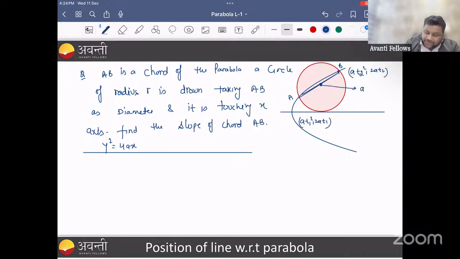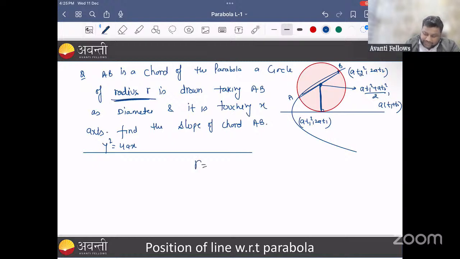Coordinates of center will be ((at1 square plus at2 square) by 2, a times (t1 plus t2)). Am I correct? Now also one more thing. Since it is touching the axis of the parabola, or I should say the x-axis, the y coordinate of the center will be equal to the radius of the circle. They are saying the radius of the circle is r.